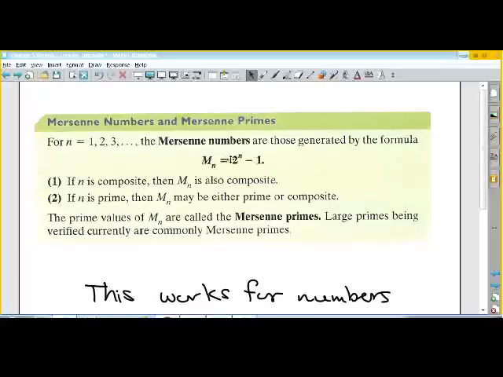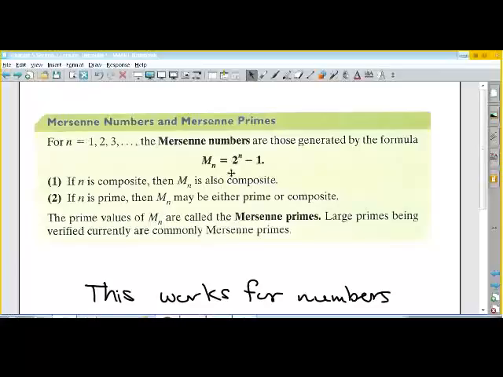So that would be 4, 6, 8. If you calculate this number but using n as one of those composite numbers, the resulting number is also composite. And if n is prime, then the number you result in may be either a prime or a composite.